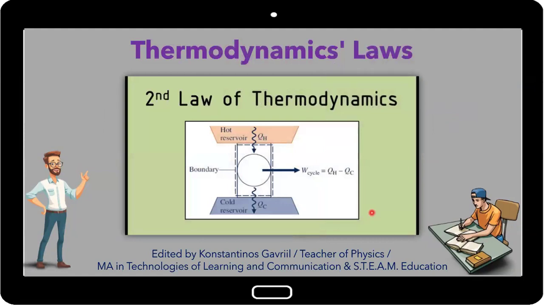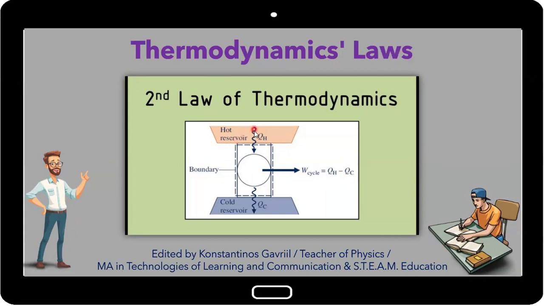Let's continue with the second law of thermodynamics, and it has to do with the heat engines. We have heat that is used in order for the engine to work. We have the W, which is the work of the engine, and is given by the Q hot minus Q cold formula.